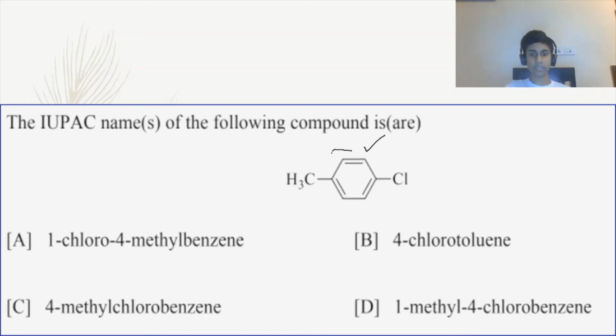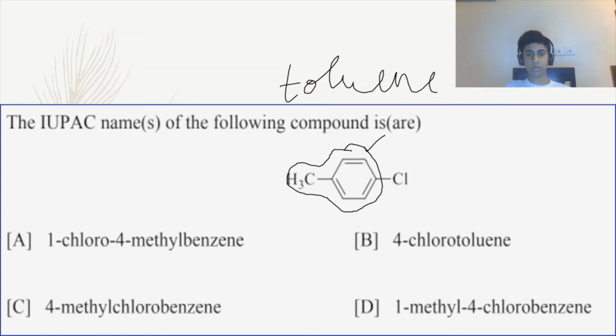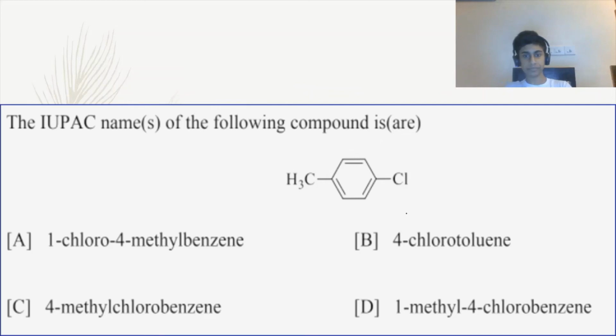Let's say we take this part as one and name it as toluene. We use toluene in the IUPAC name. We could use para-chloro, but that's the common name, so we would use 4-chlorotoluene. So B is right.